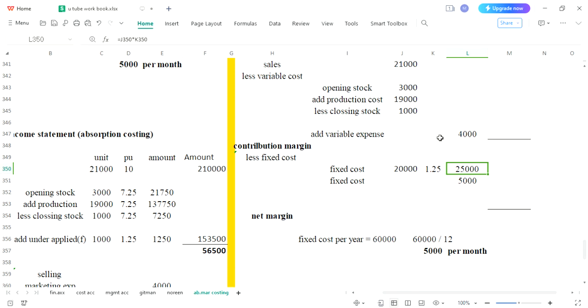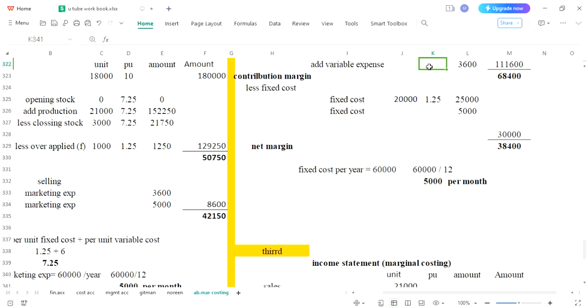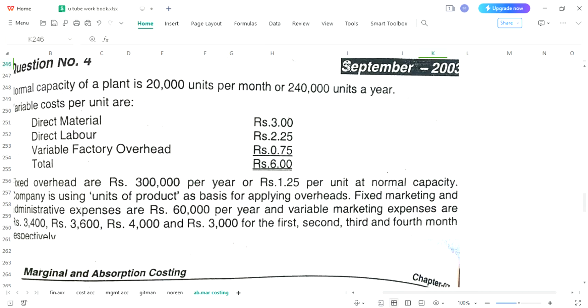So you will ask a question: we have produced 19,000 units over here, but still we are using 20,000 units for fixed cost. I had told you that fixed cost will remain fixed for every part of the question. No matter if you are producing fewer units or more units, it would remain the same 25,000. Now for per unit cost, let's go back to the question.